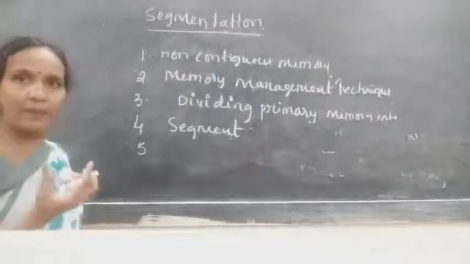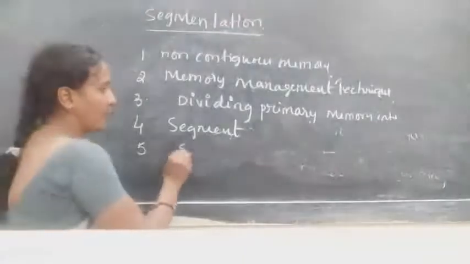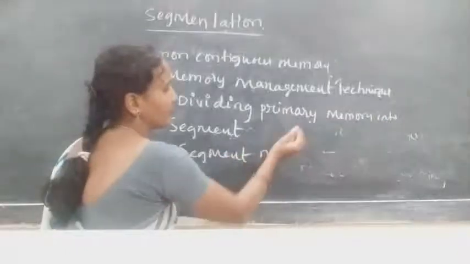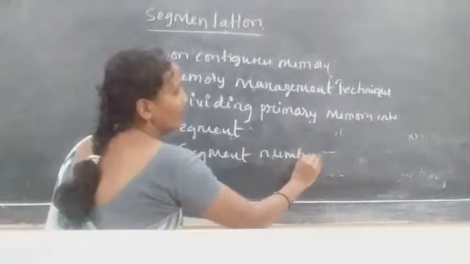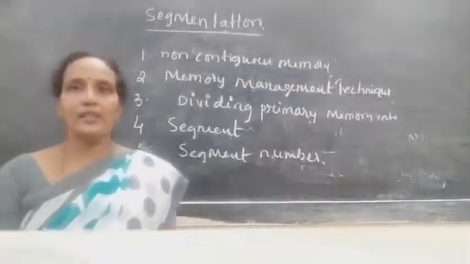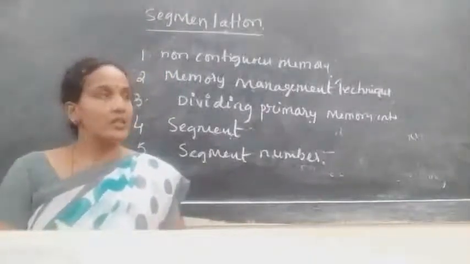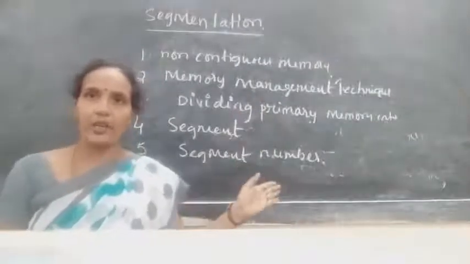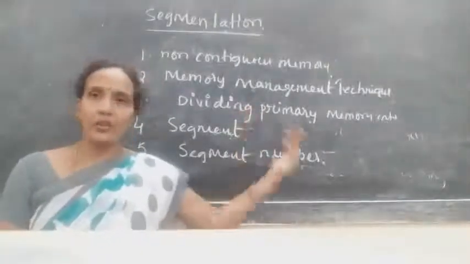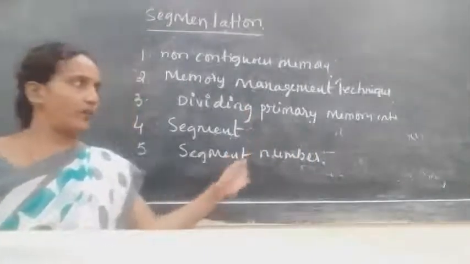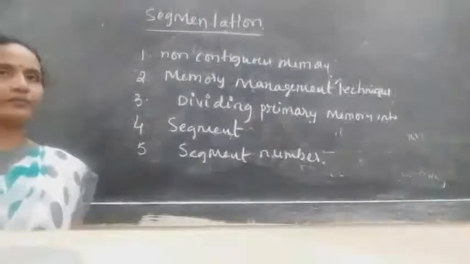Each and every part is identified with a segment number. Understood? These are the key points. Just take a screenshot of this. Now next we'll go into the depth of the topic. Take these points as running notes.